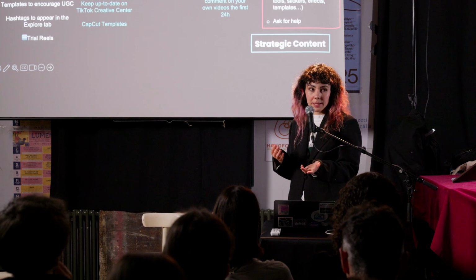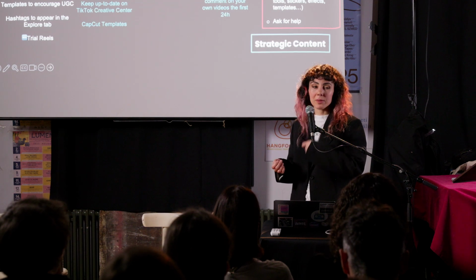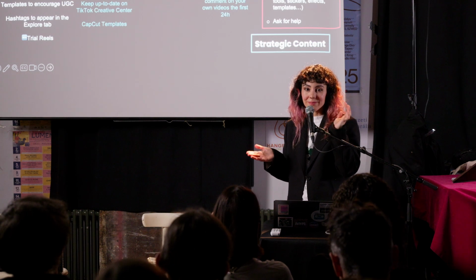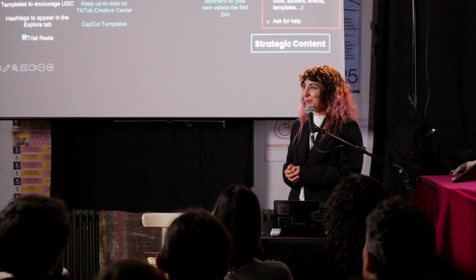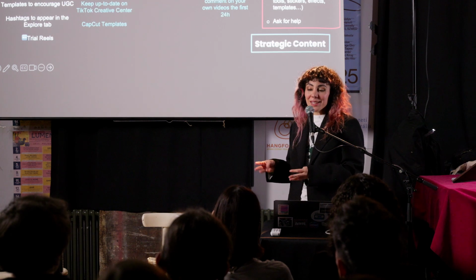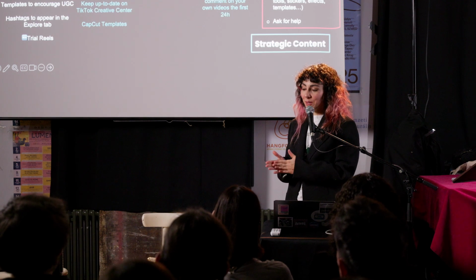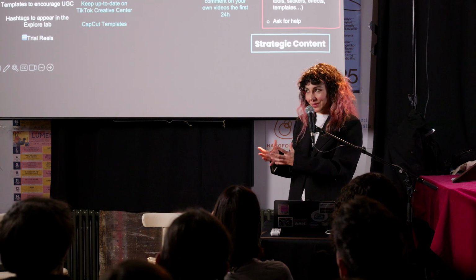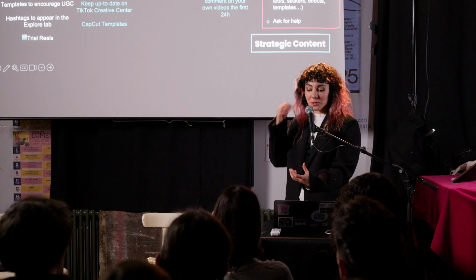So, for example, I don't know if you've seen this content of people doing makeup, but speaking about, I don't know, food or philosophic stuff. So this is a way to get people that like makeup because TikTok knows that the content is about that, but TikTok is also going to show the content to people that are interested in the thing that you're talking about. So it's a way to have a double impact on different audiences.